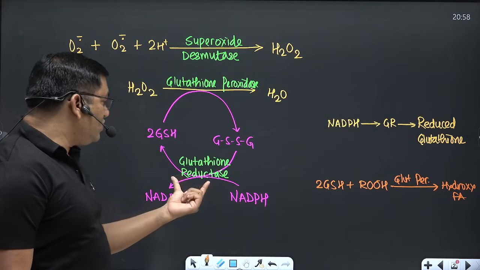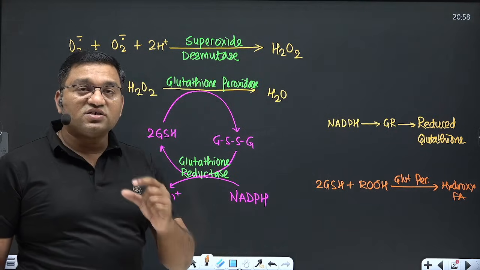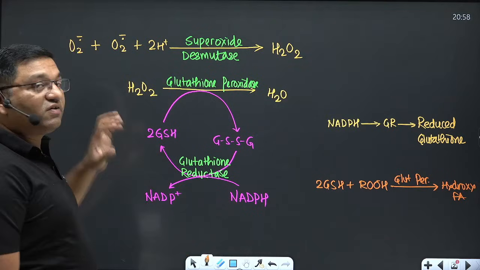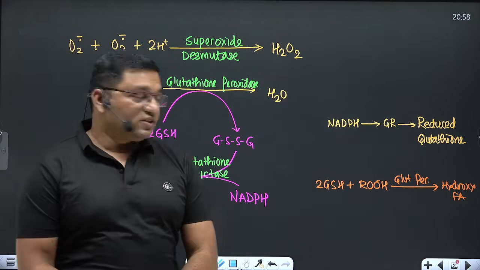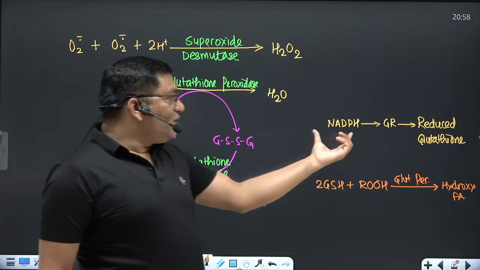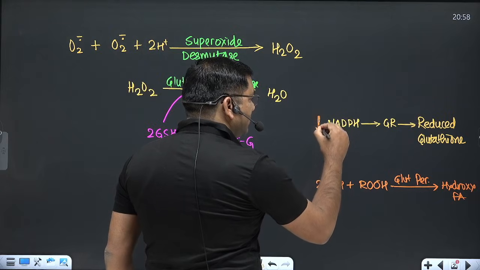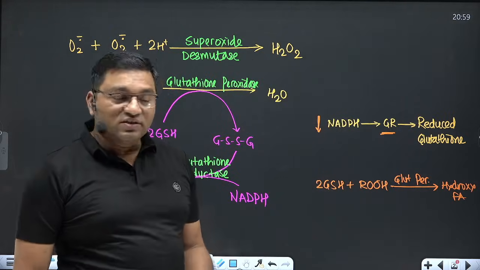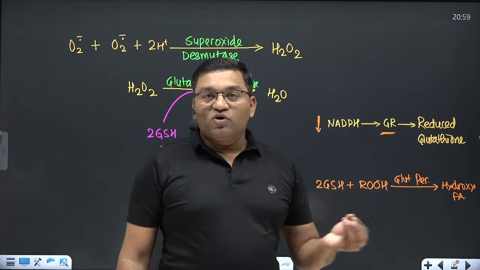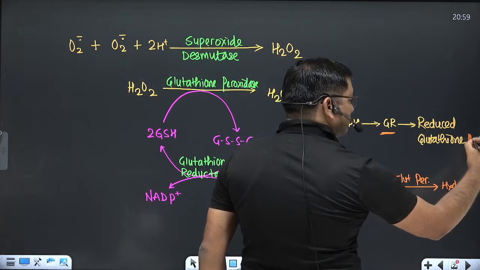For the activity of glutathione reductase, NADPH is required. In this way, NADPH is important for scavenging the free radical. So, as NADPH production decreases in G6PD deficiency, glutathione reductase activity also decreases, and reduced glutathione production also decreases.